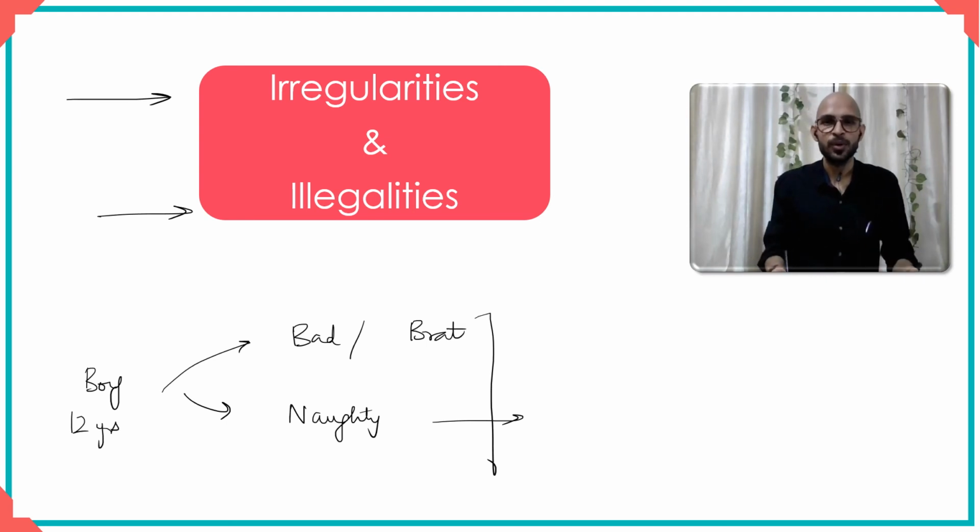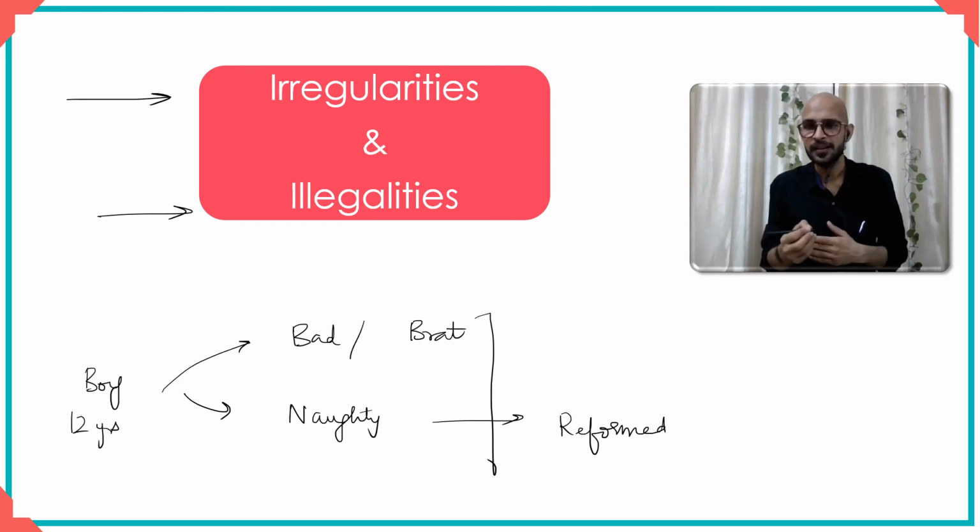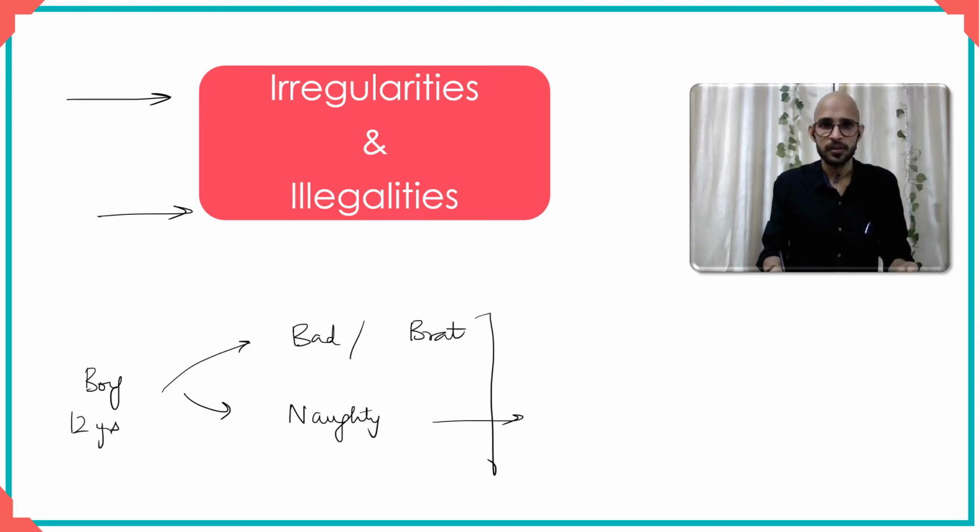It looks like someone who can be reformed. It looks like someone who can be corrected. It looks like something which is not so important. Whereas when you see brat, it appears to be a more serious word, right? So basically, if I were to draw that parallel, when you're calling something bad, that's an illegality. And when something is only naughty, it's an irregularity.